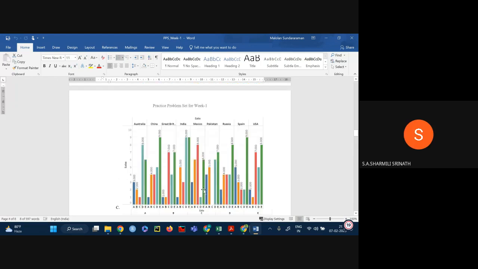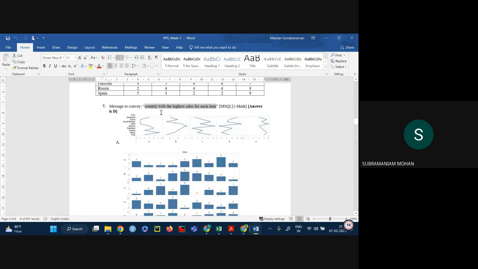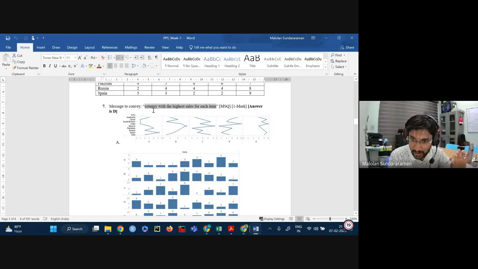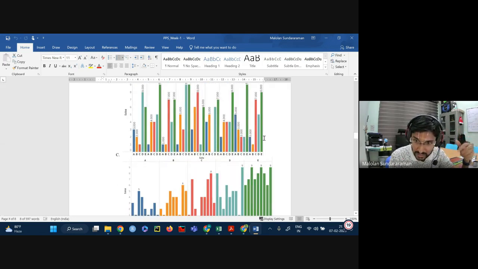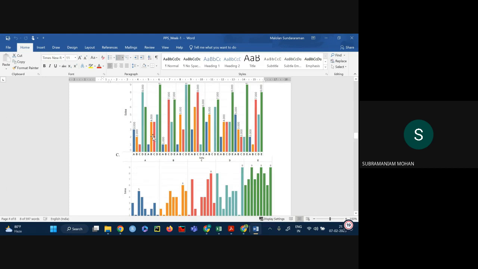But yeah, look at what I am doing. I am interested only in the country with the highest sales, which means I am not bothered about the numbers for any of the other countries. In all the other charts, I have given you numbers for other countries.